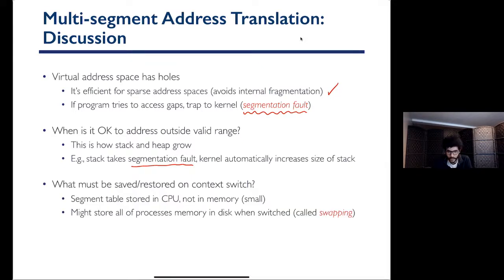Whenever you're context switching, so this is where the question was, if you context switch, you have to save everything in your PCB. So you have to store all these.